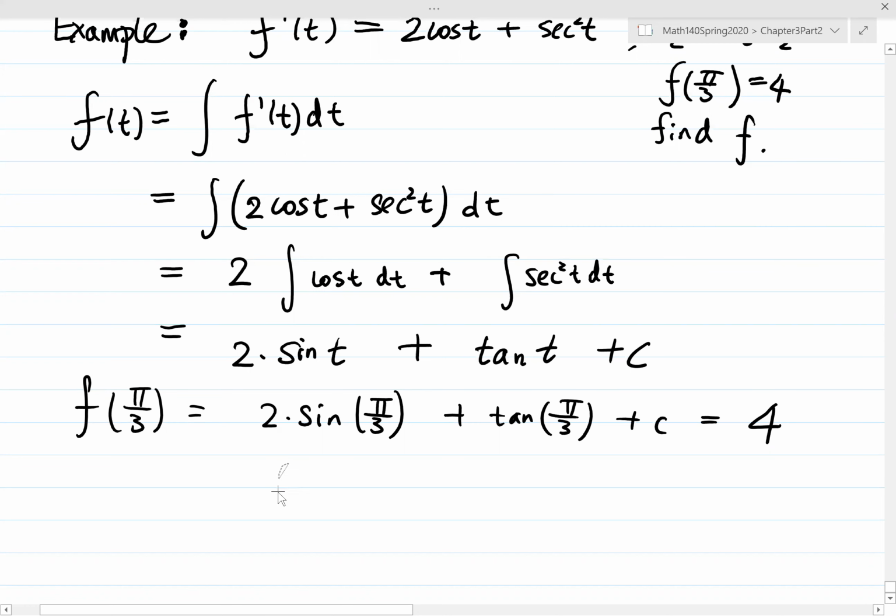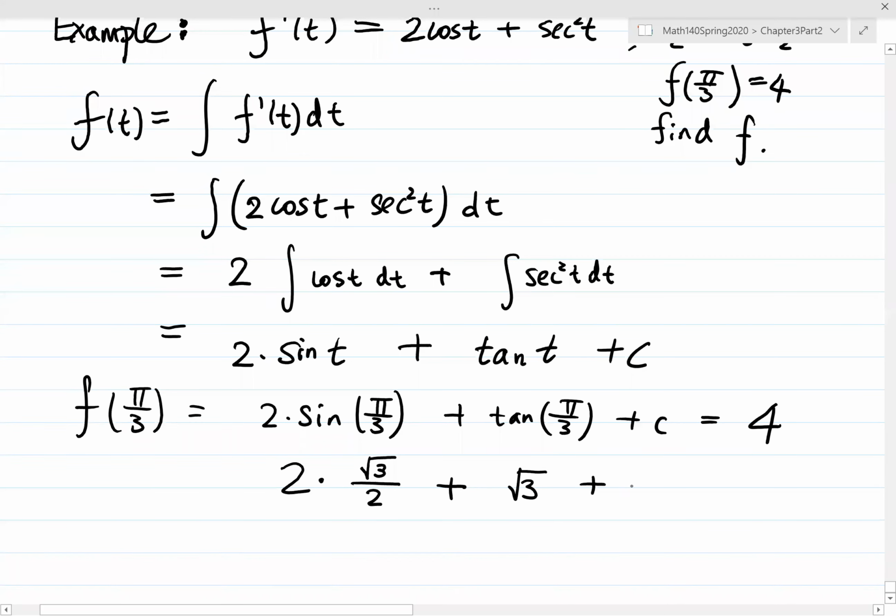Now, what are the special values of the trig functions? Sine pi over 3 is root 3 over 2. How about tangent of pi over 3? Tangent pi over 3 is root 3.